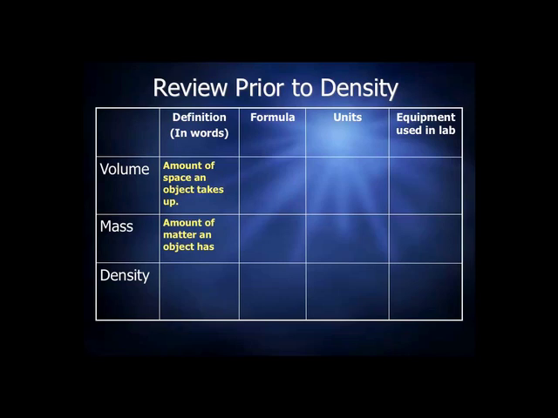Kayla? Well, for cubes and rectangular prisms it's length times width times height. Yep. How about a cylinder? Pi r squared height. Exactly. So I use a couple formulas: length times width times height, or pi times radius squared times height.